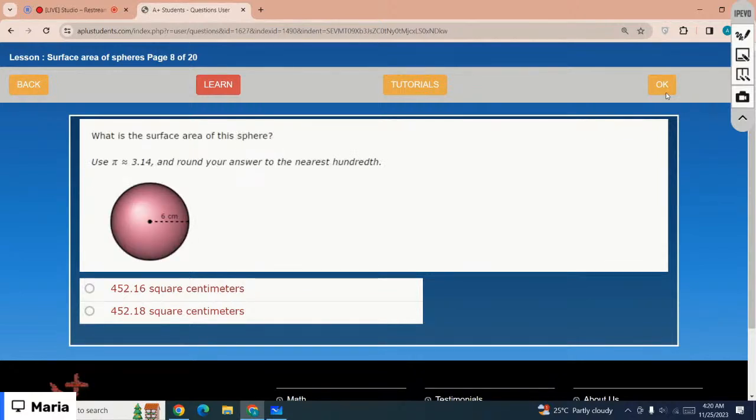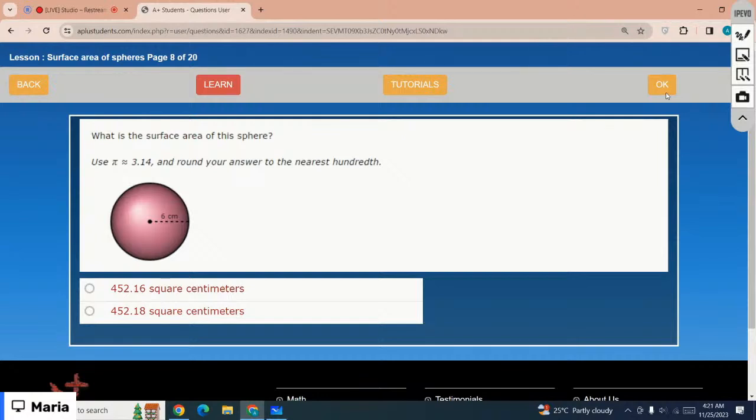Okay, then the next one is what is the surface area of the sphere? You are given the radius that is 6. Just do the calculation.